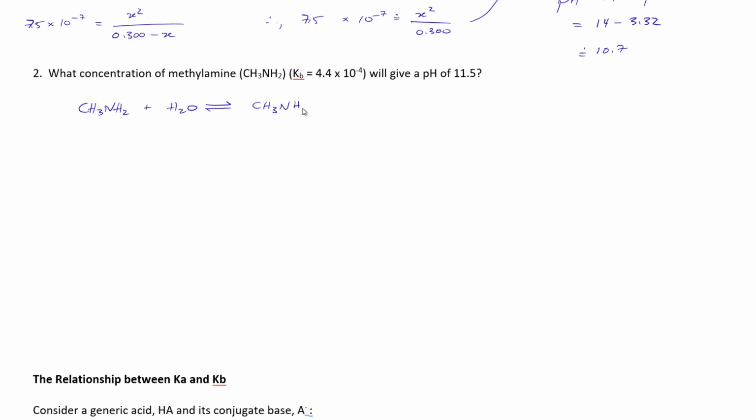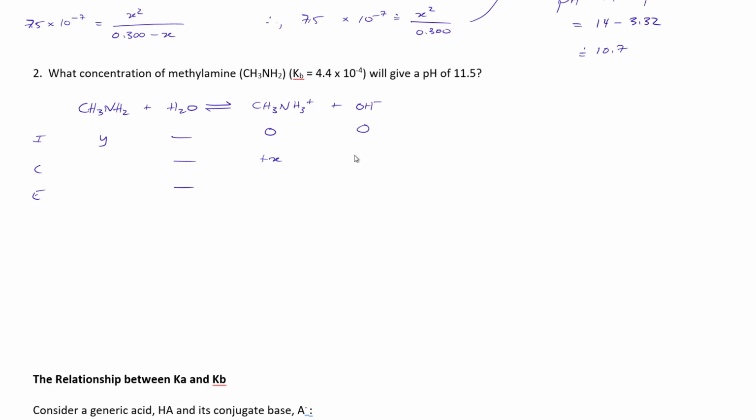I'm going to start off by writing the equilibrium expression. Again, water is going to donate its proton, and I do not have the initial concentration, so I put that down as Y. Initially I don't have any of these products present.